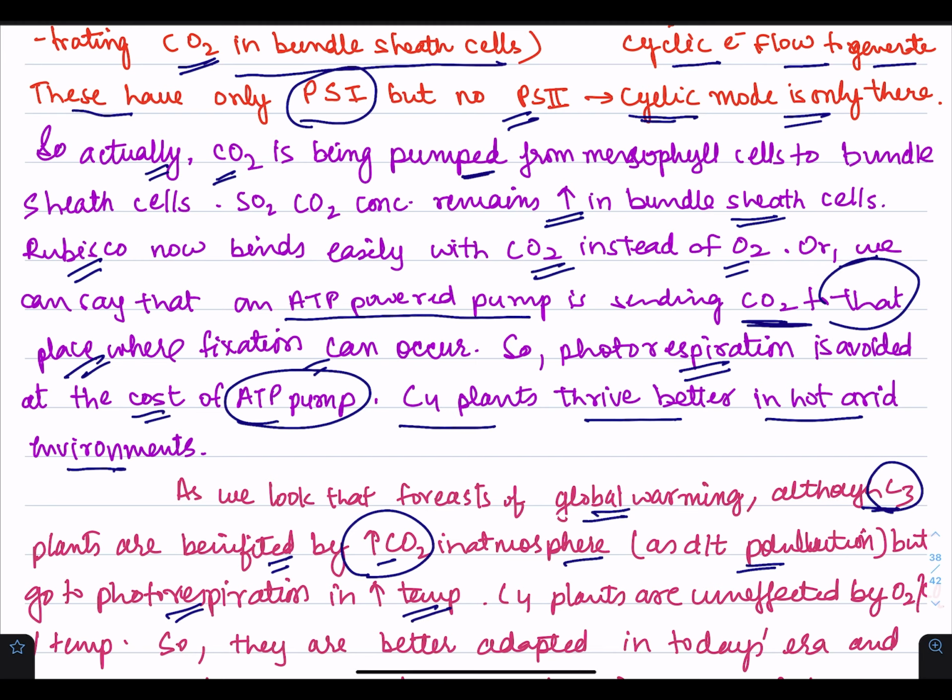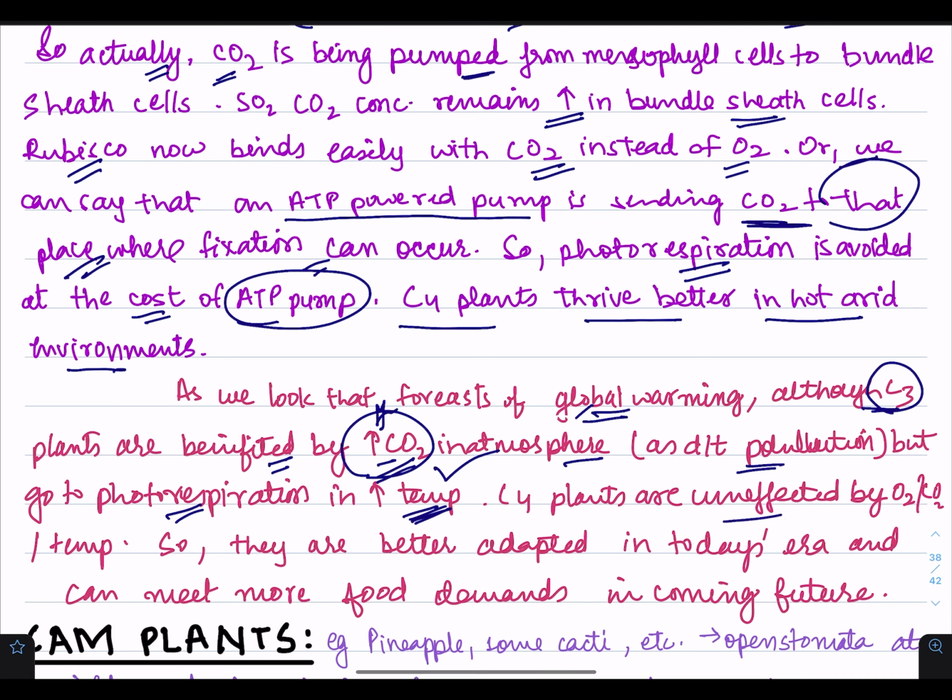With global warming we have high temperature, and the pollution gives high carbon dioxide. So C3 plants, of course, can work better in high carbon dioxide, but not with high temperature. And C4 plants are unaffected by oxygen or carbon dioxide concentration or temperature. So they are better adapted in today's era and can meet more food demands in the coming future.